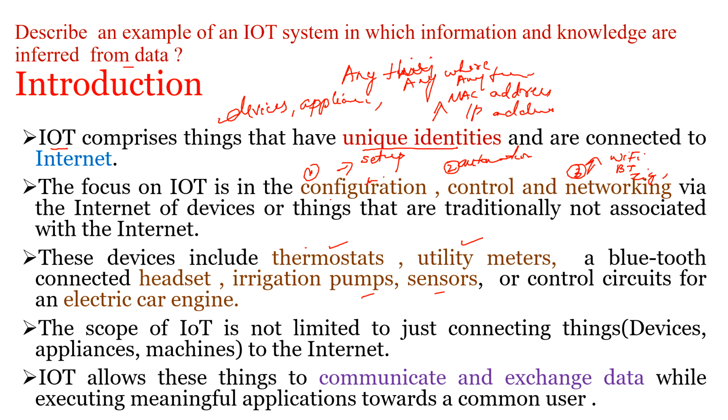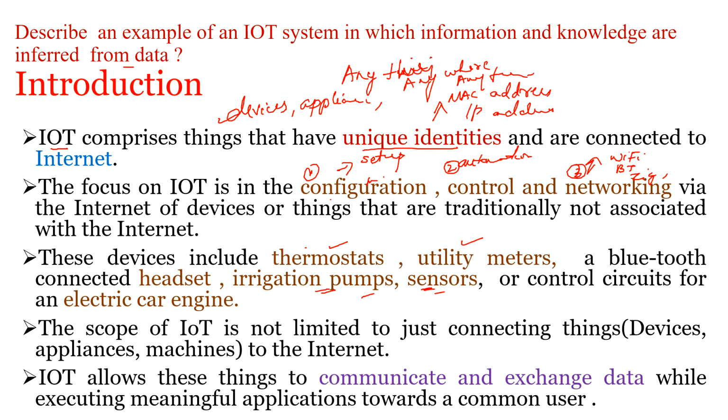Then headsets, which can be connected to smartphones, and irrigation pumps primarily used for smart agriculture. Then a wide range of sensors like temperature sensors, humidity sensors, air quality monitoring sensors, etc. And control circuits for the electric car engine, which enable smart control of engine components, battery management, etc.